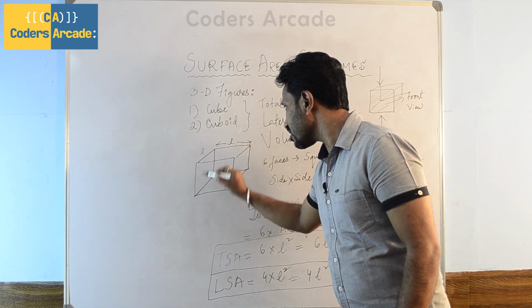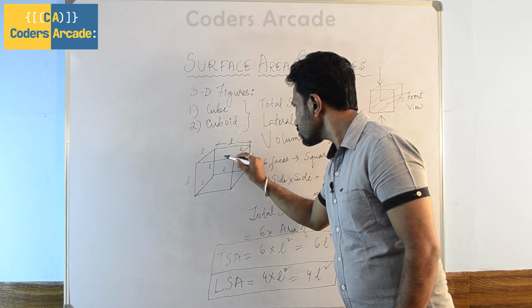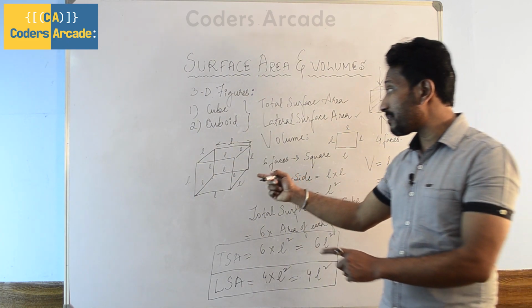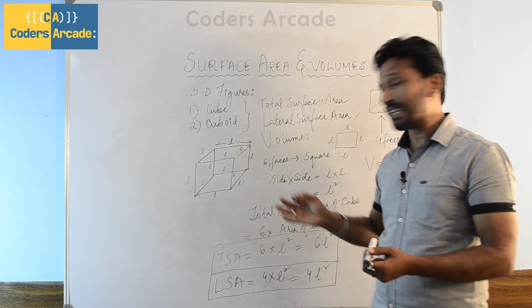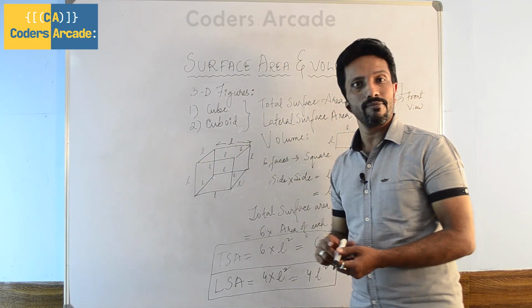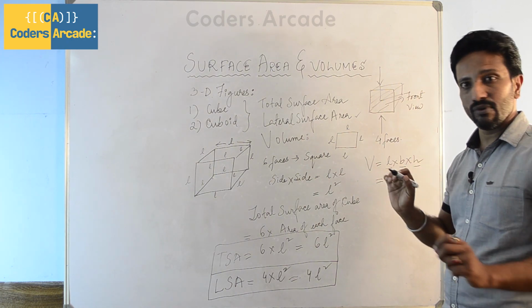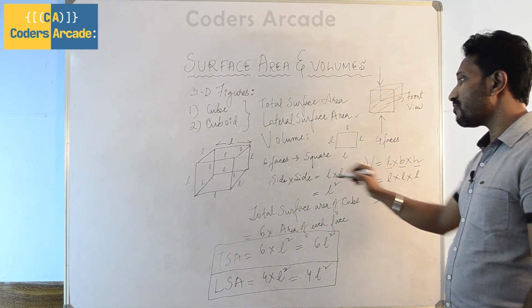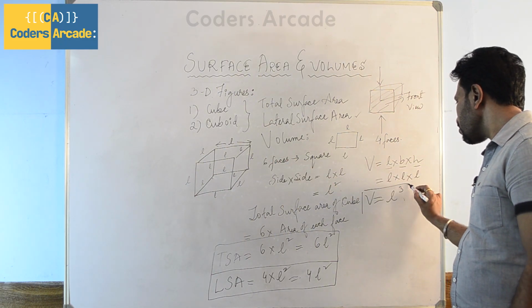So here also we have L only, here L, here also L. You can see all the edges are having the value of L, because a cube is a symmetrical figure and that's why it has all the edges to be of equal length and it is L. So in that case, we have length, breadth and height equal. Therefore, I can write L into L into L. So the volume of a cube will be L cube. So this is the volume of a cube.